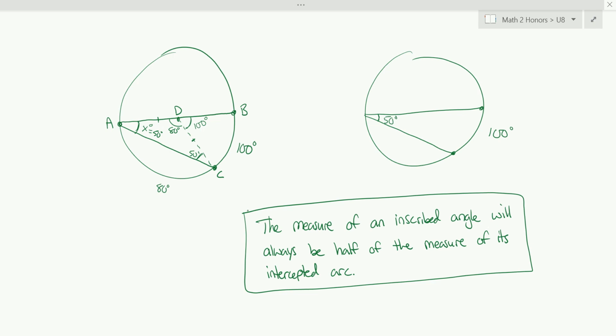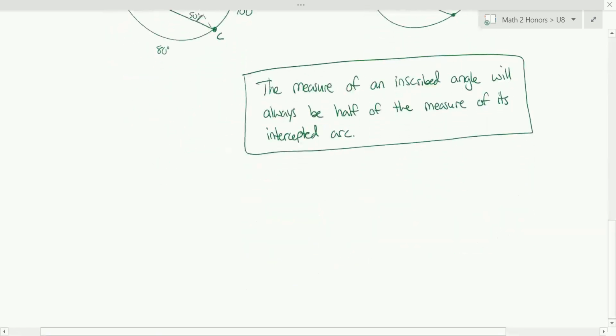So I'm going to start now with some examples and point out some key things in those examples. So in example 1, we're going to have a circle, center A, and a couple points on the circle. I'll put 3 points on the circle, B, C, D. I'm going to move B over.